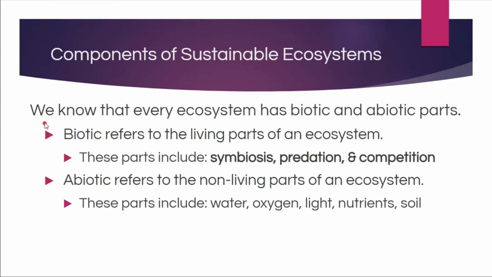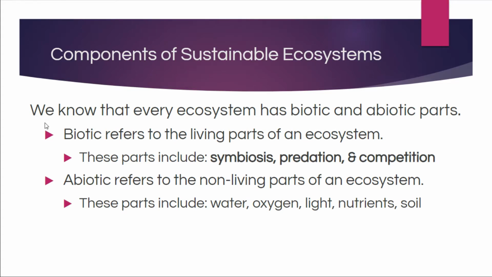We know that every ecosystem has both biotic and abiotic parts. This is a bit of a review. Biotic parts refer to the living parts of an ecosystem. These parts include things like symbiosis, predation, and competition. Abiotic refers to the non-living parts of an ecosystem.